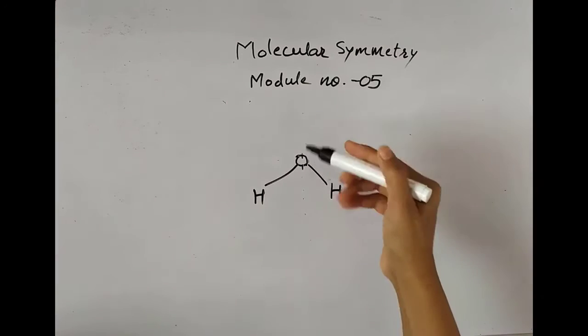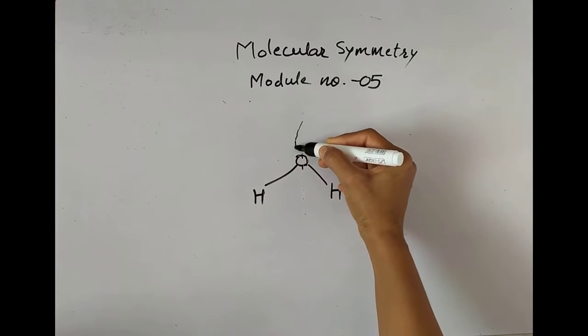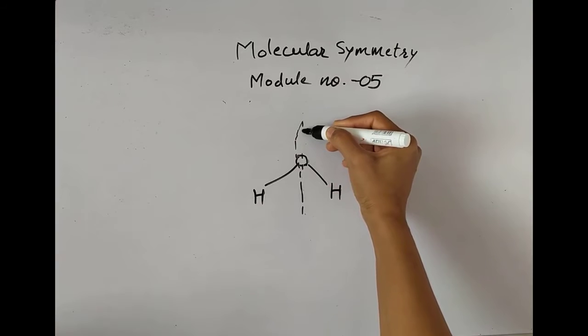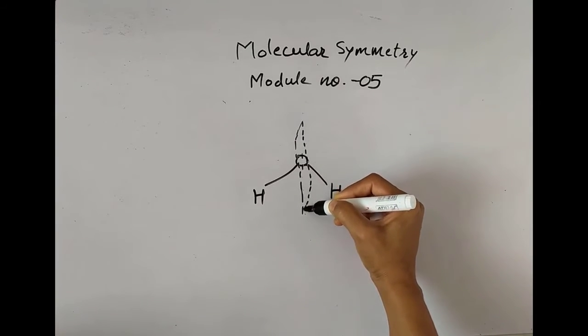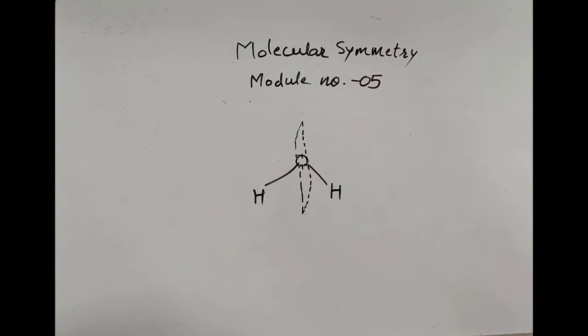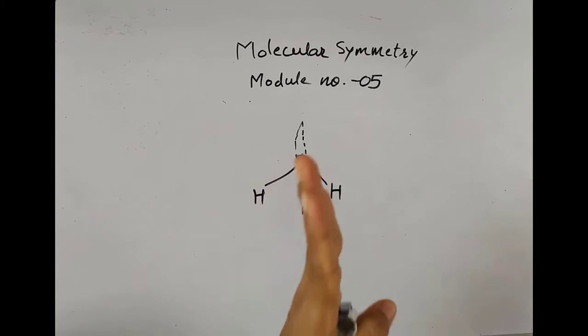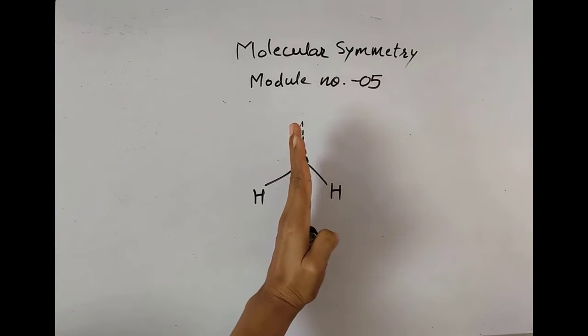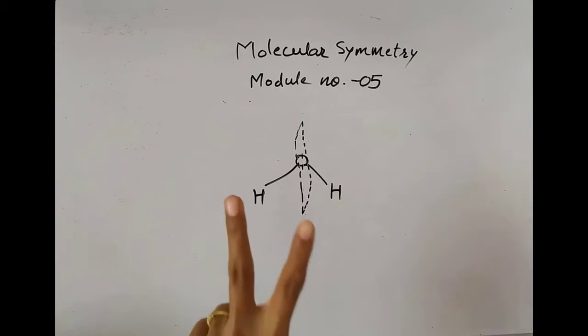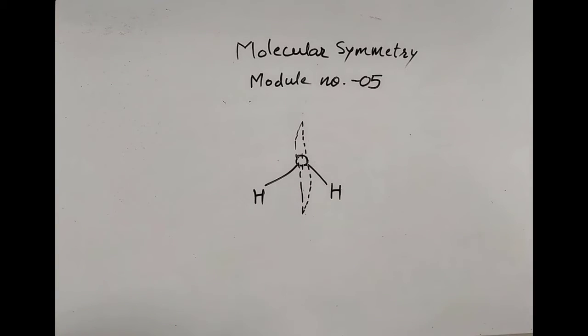So in the water molecule, from this place, we can pass the plane like this, which divides the water molecule in two equal halves. This is the main condition for a plane to be present in any molecule. Now, is it the only plane present in the water molecule, or can you get another plane also?